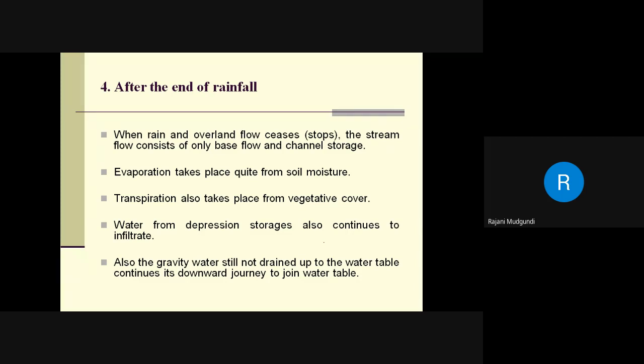Transpiration also takes place from the vegetative cover. Transpiration means evaporation from the leaves of the vegetal cover. Water from depression storages also continues to infiltrate. Also, the gravity water still not drained up to the water table continues its downward journey to join the water table.